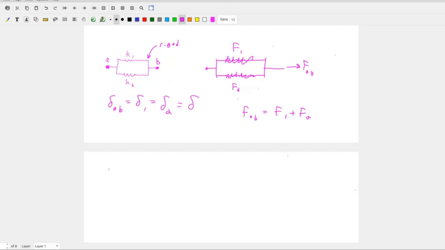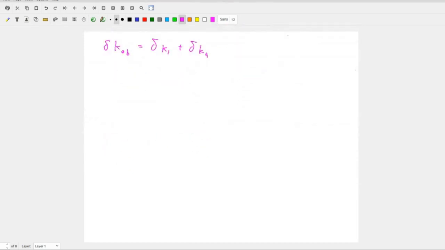So we end up with a sigma of K_AB is equal to a sigma of K1 plus a sigma of K2. That's pretty easy, right? My sigmas are all going to cancel out. So that simplifies to K_AB is equal to K1 plus K2. That make sense?